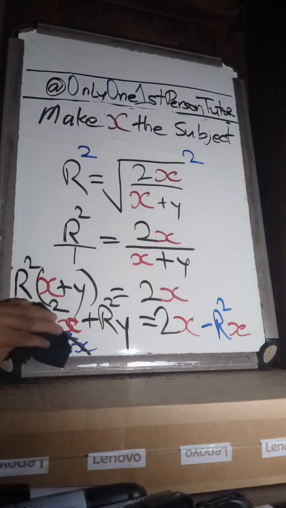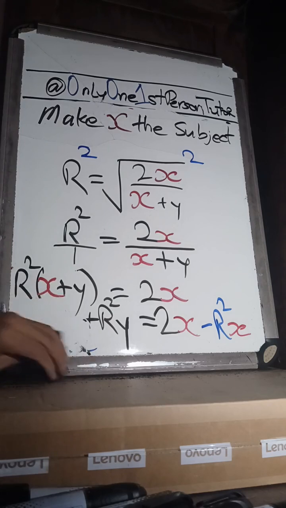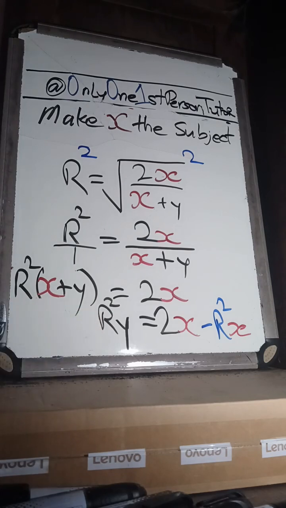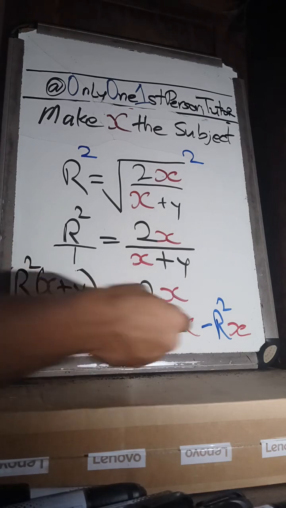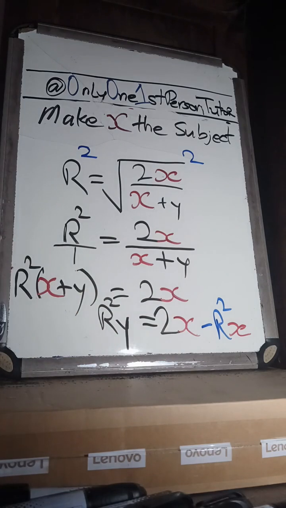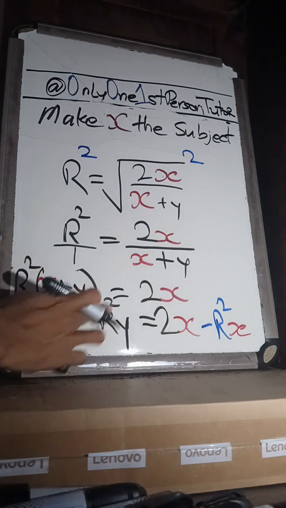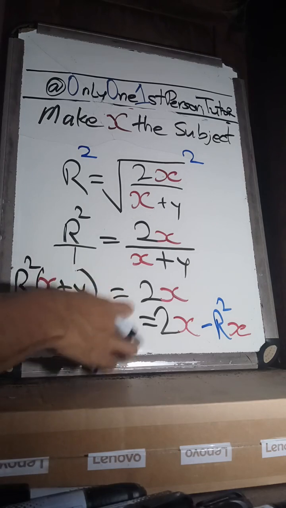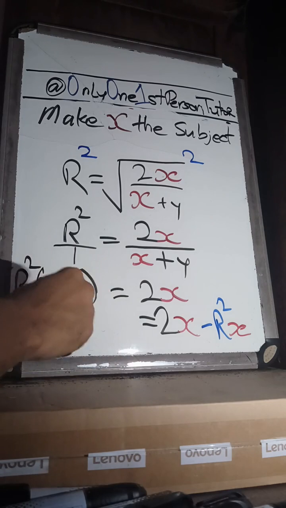So once I get rid of this right here, what I'm going to want to do is I'm going to put this on the left and that on the right. That's what I'm going to do. So this is r squared y. Let's flip it over now.